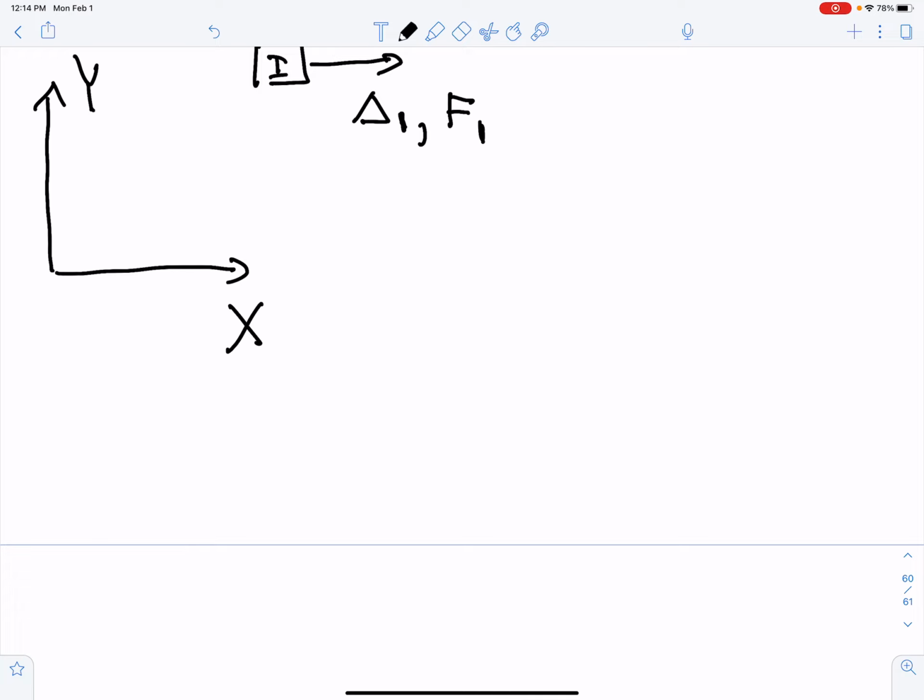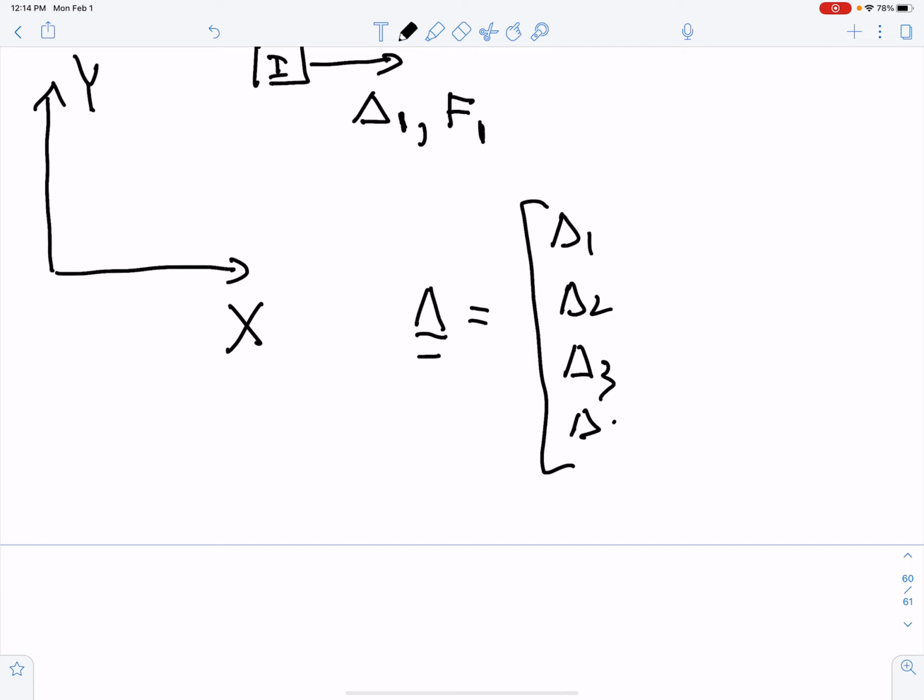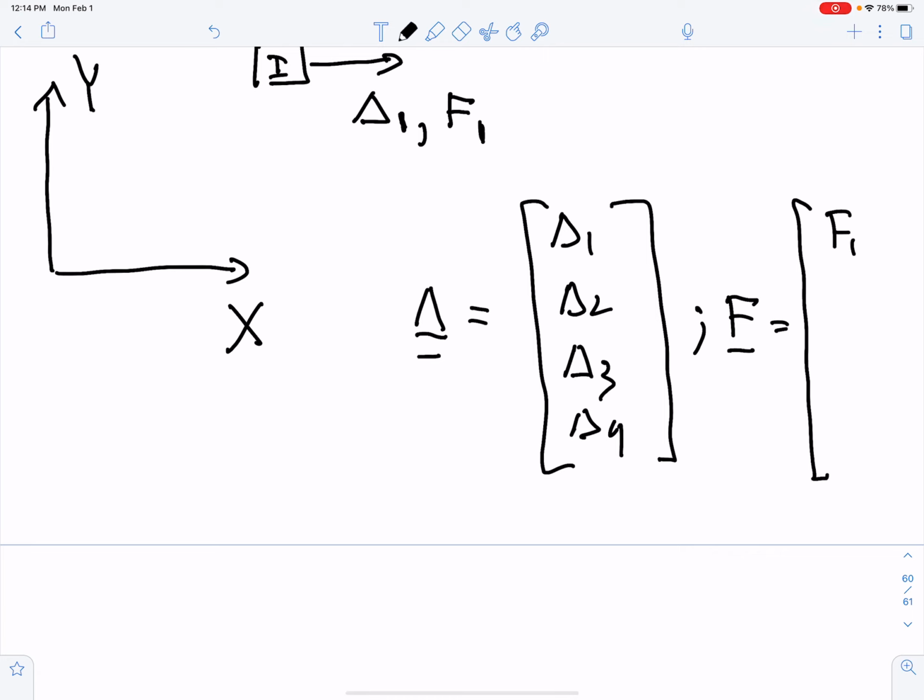These can be packaged into vectors: delta equals delta 1, delta 2, delta 3, and delta 4, the displacement vector, and the force vector F equals F1, F2, F3, and F4.